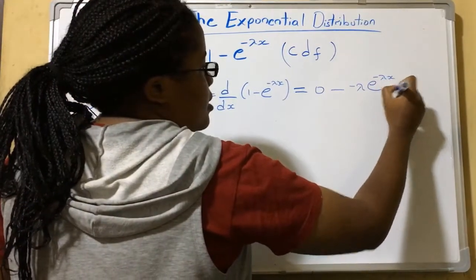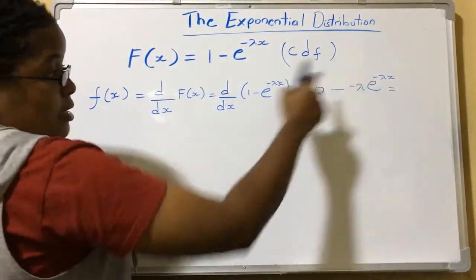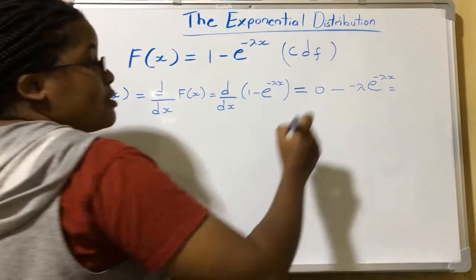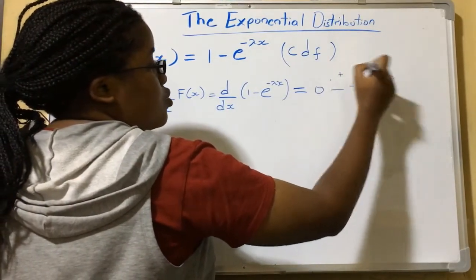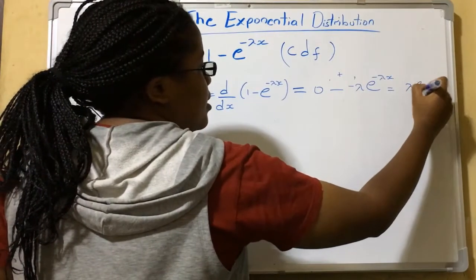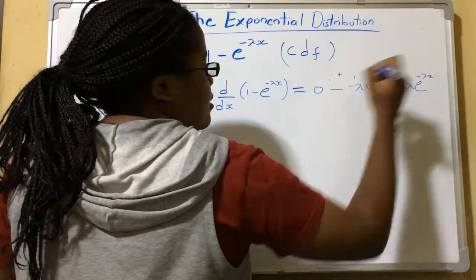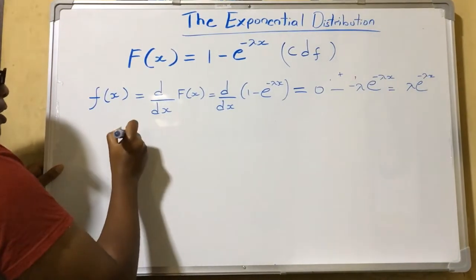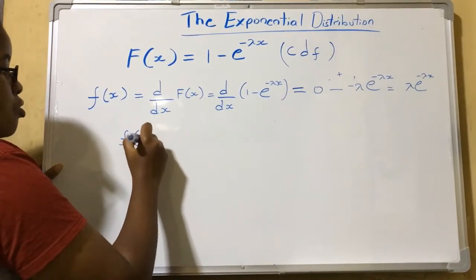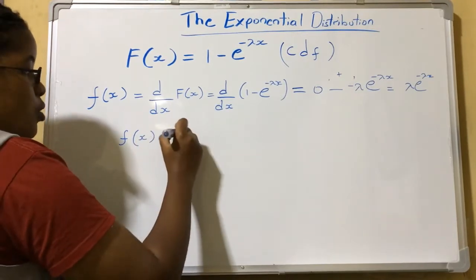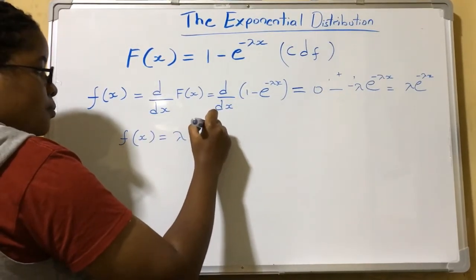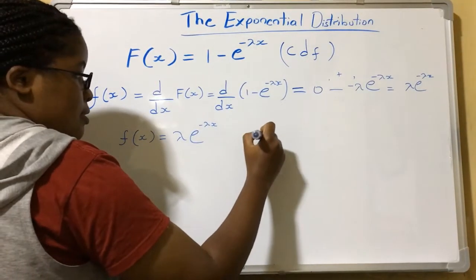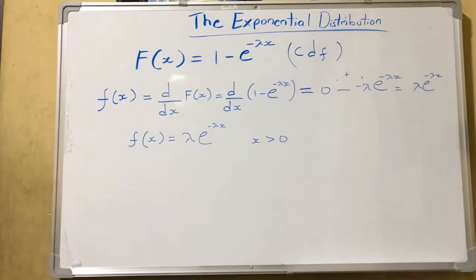So 0 minus negative lambda exponential minus lambda x becomes positive, and our answer is simply lambda exponential minus lambda x, and that is the PDF of an exponential distribution, where x is greater than 0.